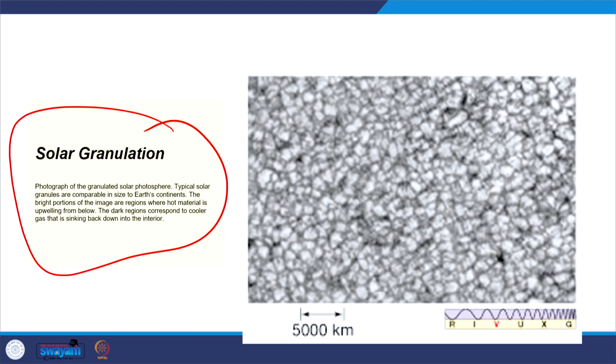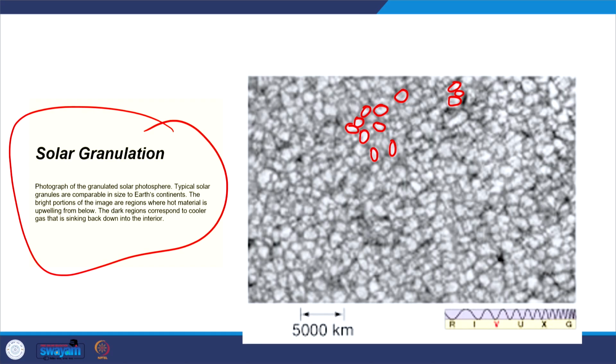It will appear as if it is a collection of small granules. This is called solar granulation. What are these small granules? These are the convection cells which are carrying the energy from the radiation zone towards the outer surface.